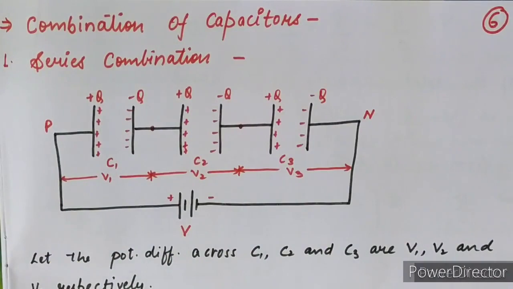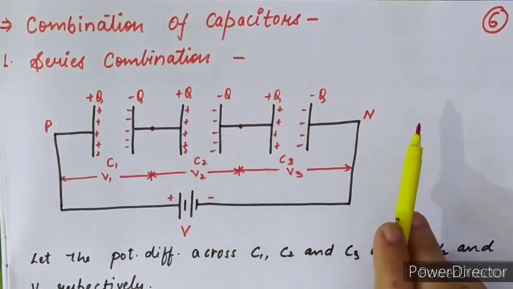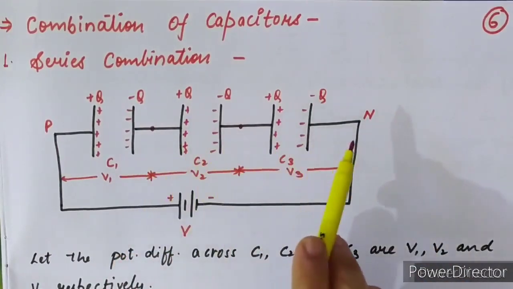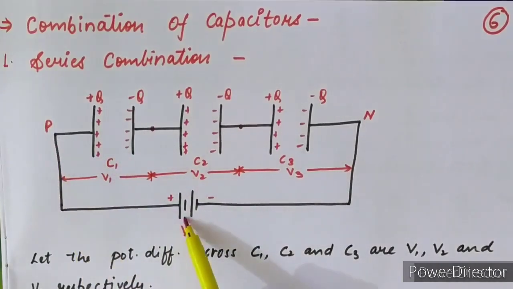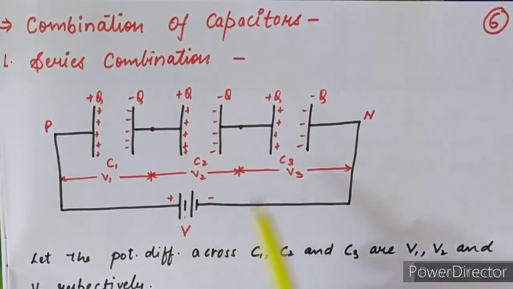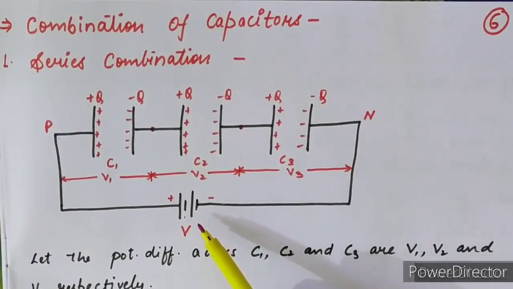Okay, so in series combination, for understanding it, we have just connected three capacitances, C1, C2 and C3. Between the points P and N in this series combination, a potential difference may be applied. In this, P is connected to the positive terminal of the battery and N is connected to the negative terminal of the battery.